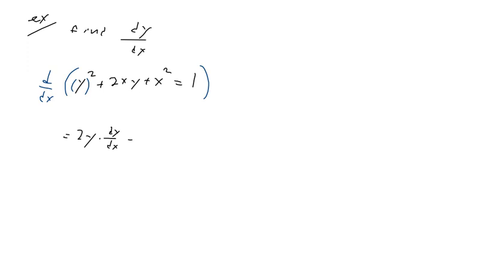Plus, here is 2xy. How do I do a derivative of this part with an x and a y multiplied together? What kind of rule can I use here? Anybody think they know what kind of rule might apply in this situation?